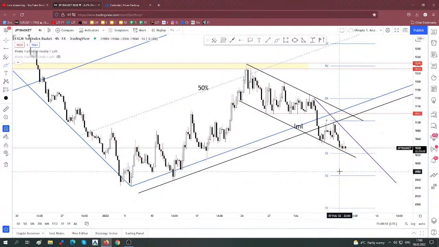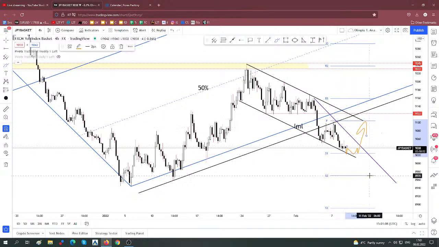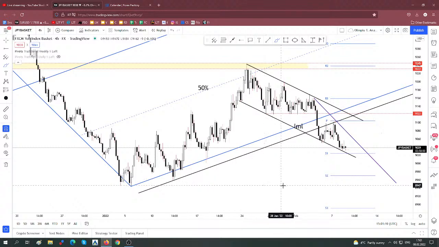Right now the US dollar Japanese yen continues to stay above that broken downtrend line, only because the dollar index is bullish and because this index is bearish. But a test retest here, a rebound could force the yen to appreciate again, right?